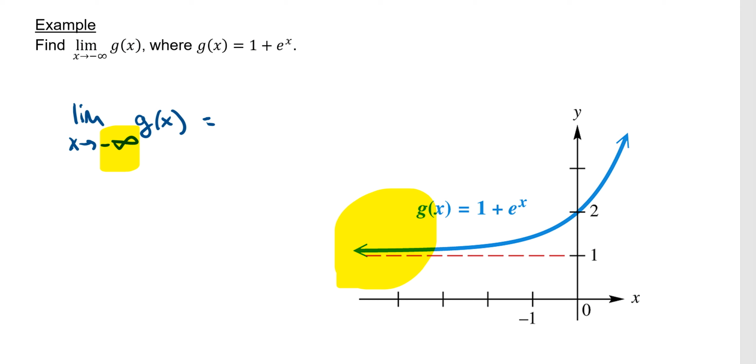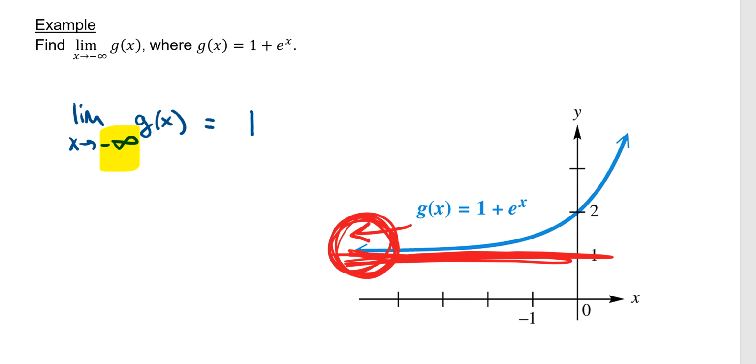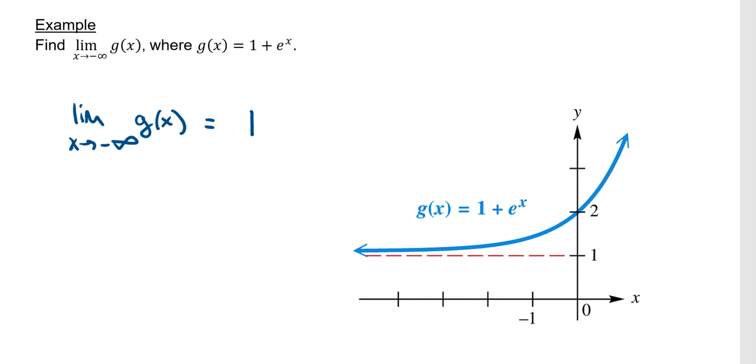Since there is an arrow going all the way to the left, and since there is a horizontal asymptote, that means the function is getting closer and closer to the horizontal asymptote, and the horizontal asymptote is a value of 1. So as x approaches negative infinity, the more and more we go to the left on the graph, the y values are getting closer and closer to this horizontal asymptote, which is a y value of 1.